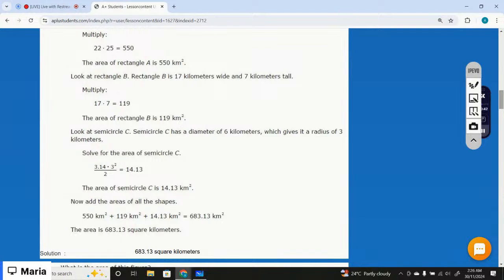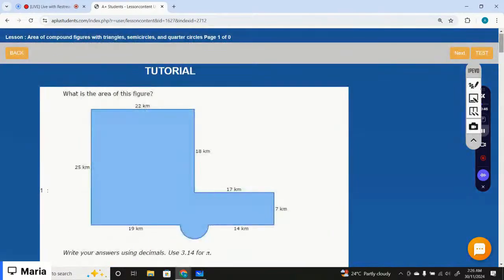So the correct option is 683.13 kilometer. Let's just start with the test questions.